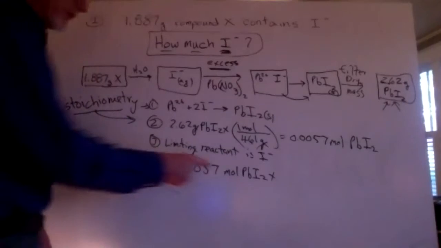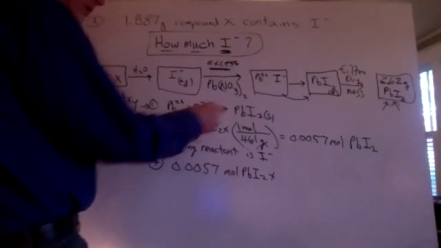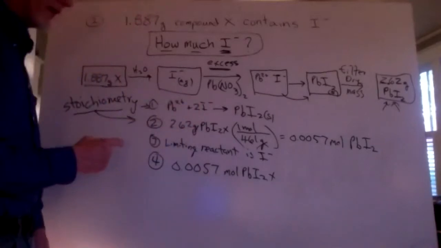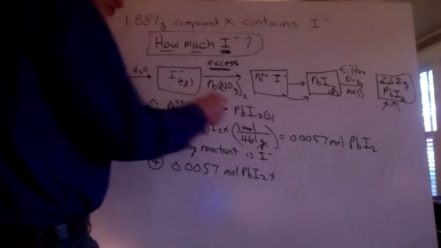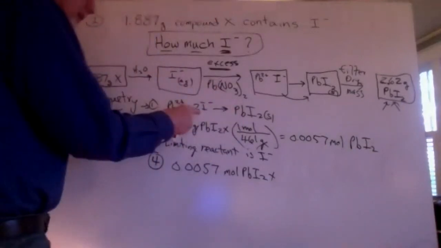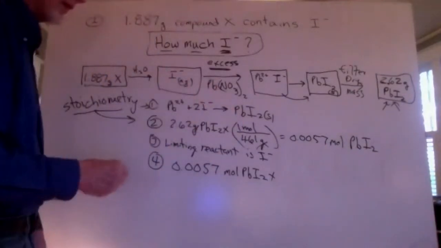This tells us the relationship between the number of moles of lead iodide and the number of moles of iodide ion. For every mole of lead iodide we have, we require 2 moles of iodide ion.